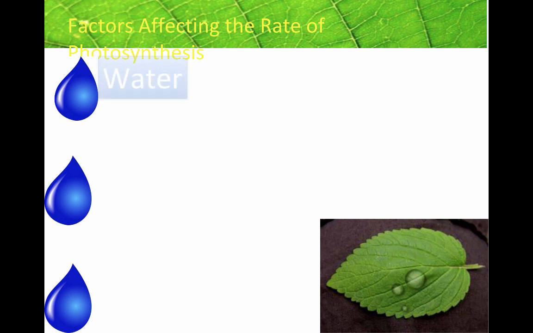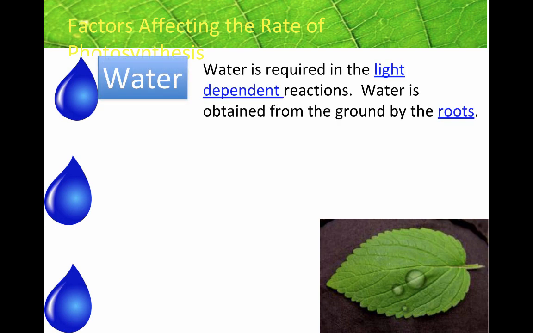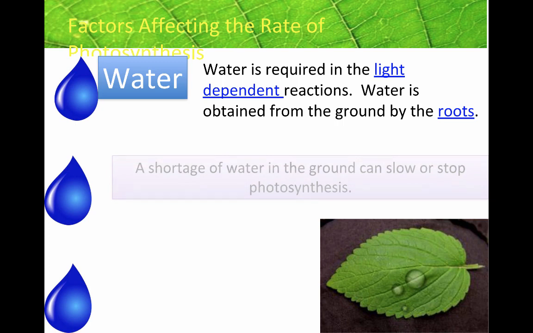Now, other things that can affect the rate of photosynthesis would be, like we were just talking about, water. You have to have water for the light-dependent reactions. We know water comes in from the roots and goes out the stomata. It's a one-way path from roots up the plant and out the stomata.